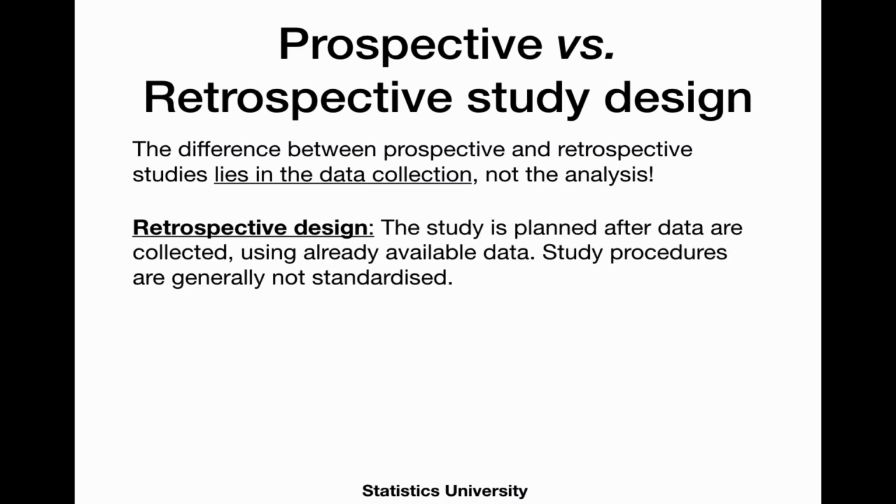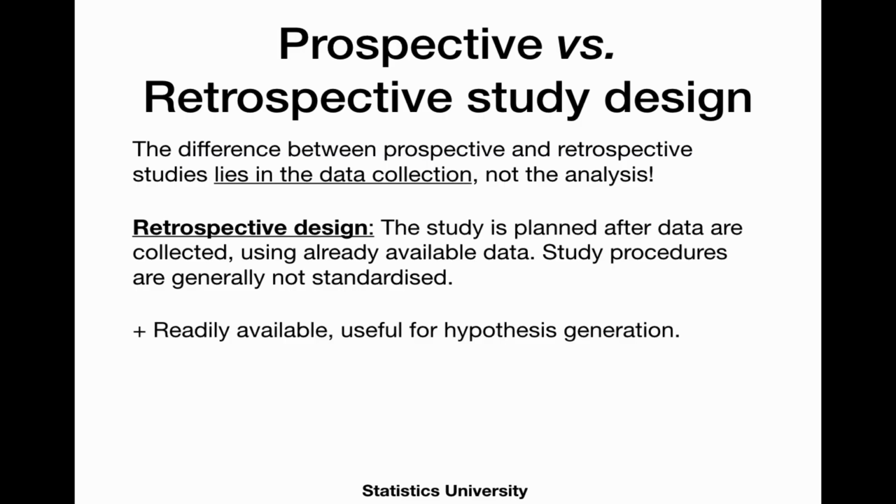A retrospective study design is planned after the data are already collected using an already available data source like the electronic patient chart or some kind of registry. And in retrospective studies, the study procedures are generally not standardized. So the benefit here is that it is a feasible study design since it is oftentimes readily available and it's not costly in terms of finances and time.